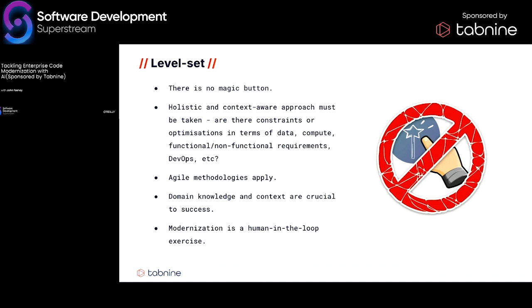And also, as with all aspects of software development, you really do want to avoid a big bang approach, and you want to take more of an agile approach to this exercise. Technically, if you throw a large body of work at Gen AI, very often you're going to get a less than satisfactory result, or the fidelity of the output is going to be less, right?